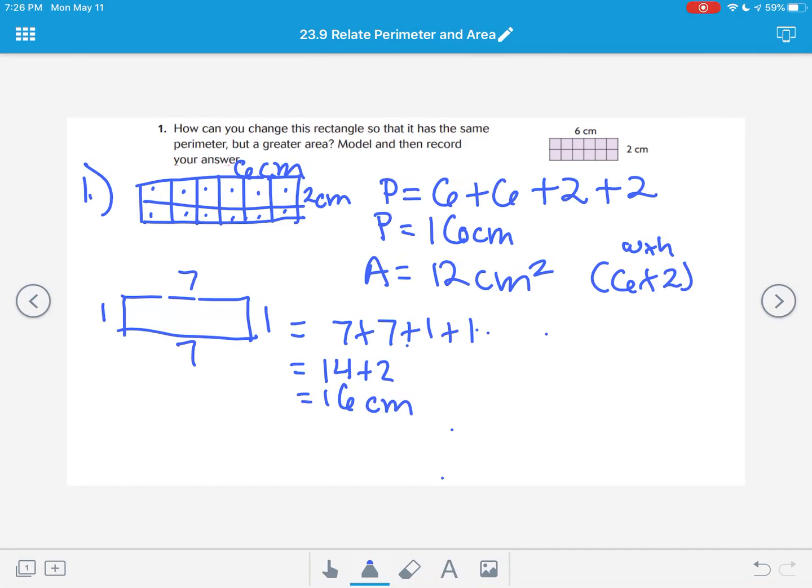My perimeter would be the same, but when I'd multiply the area, that would only be 7 centimeters squared. So that is not going to work.